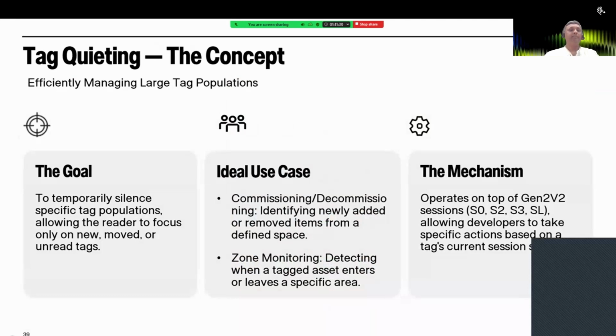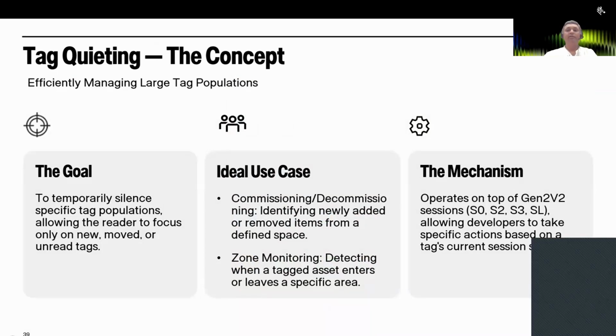So tag whiting. Let's see now how the tag whiting works. Again, the goal of this tag whiting is a way to temporarily silence specific tag populations, and then only read the interested tags or the tags of interest, right?